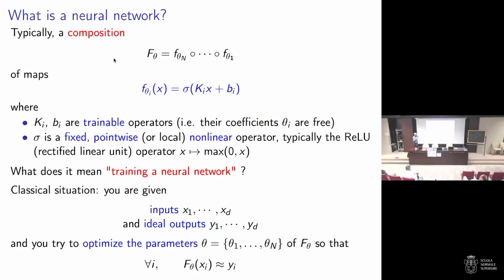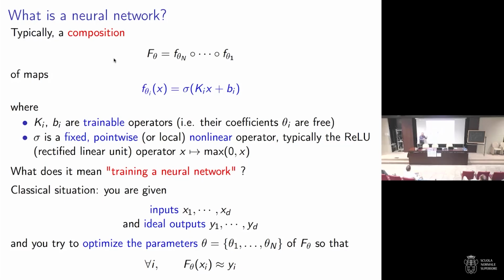So what is a neural network? Very roughly speaking, a toy model for a neural network is the composition of a certain number of applications, which are compositions of affine maps and a nonlinear map, which is called an activation function.